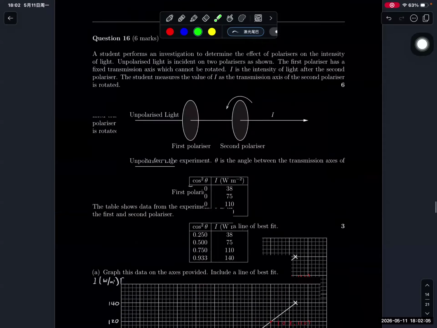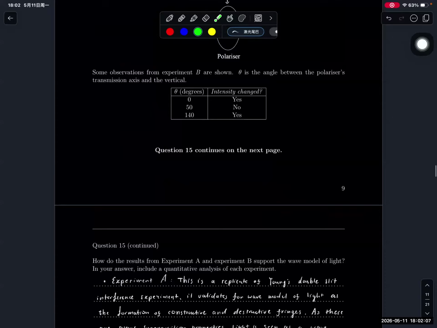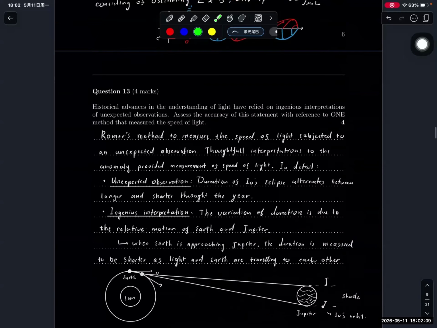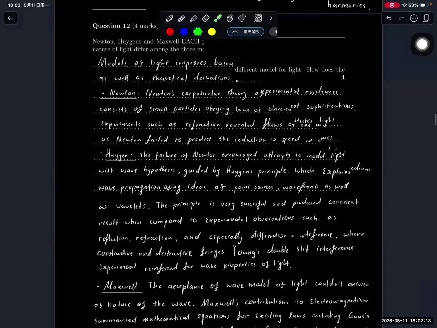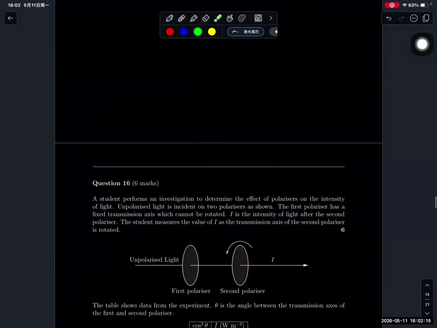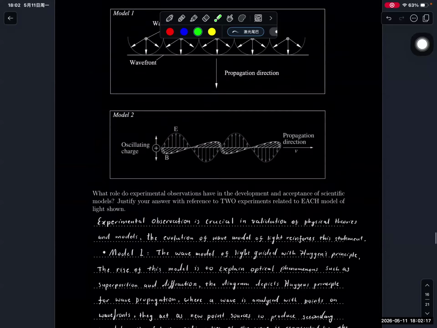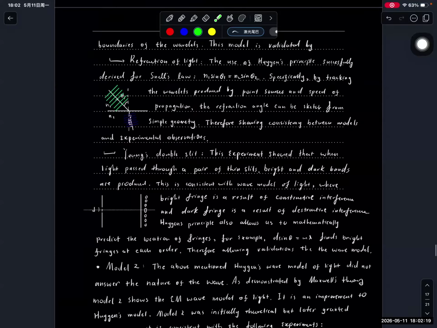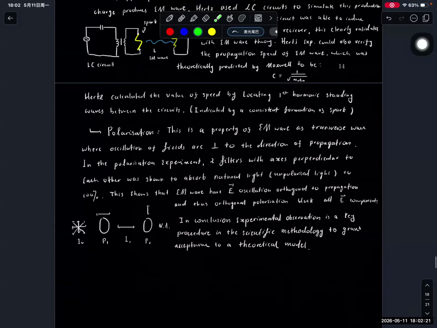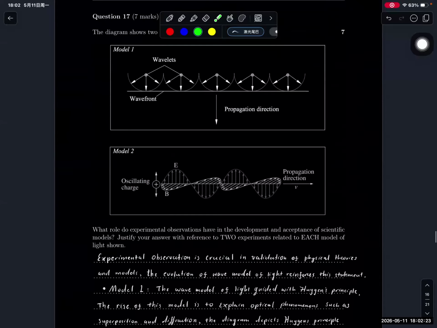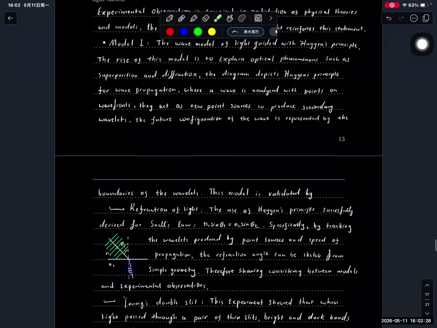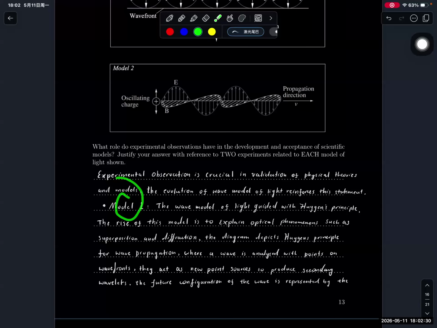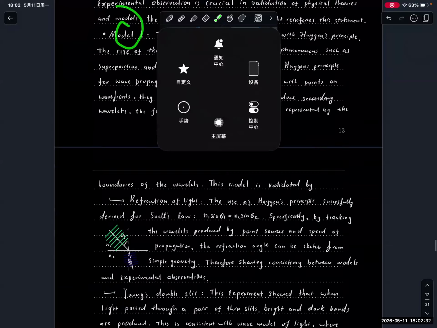In contrast to the question we did before, question 12, which didn't really ask about any experimental observations, this one wants you to also mention in good detail the experiments. You can see how I mentioned a bunch of experiments, quite long this one. Again, dot points, model one, model two, and then a bunch of experiments.